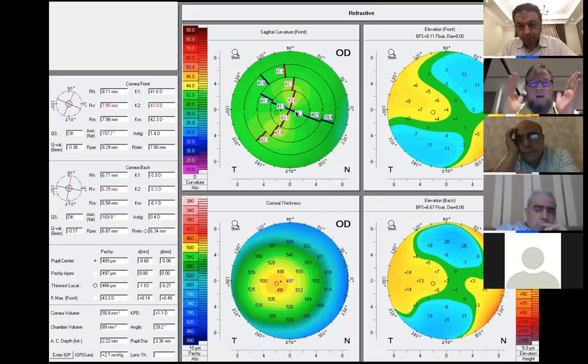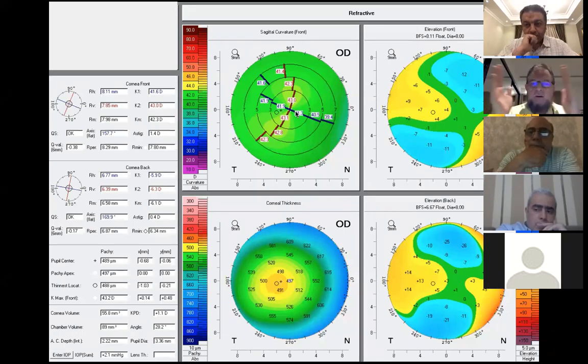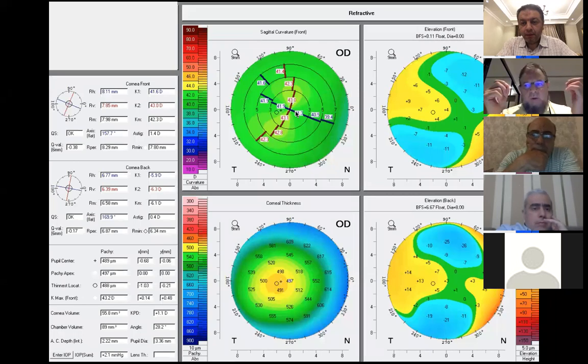Now, if we are applying hypermetropia, we have to consider Kmax if the difference between Km and Kmax is more than 1 diopter. But in this case, we have to know why there is a difference, because usually the difference should not be that much.